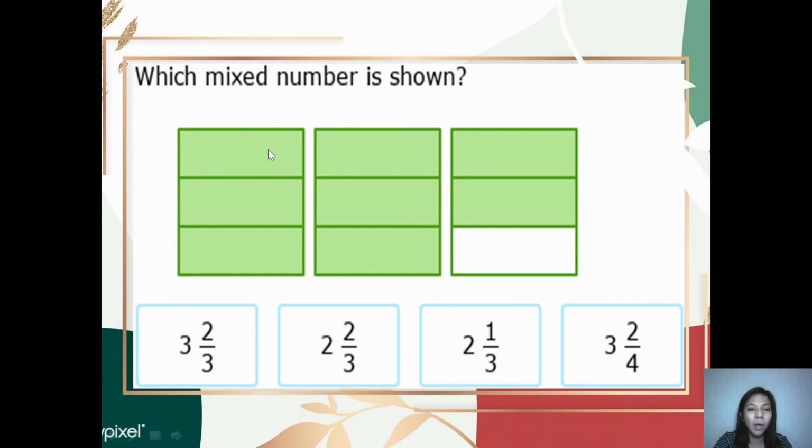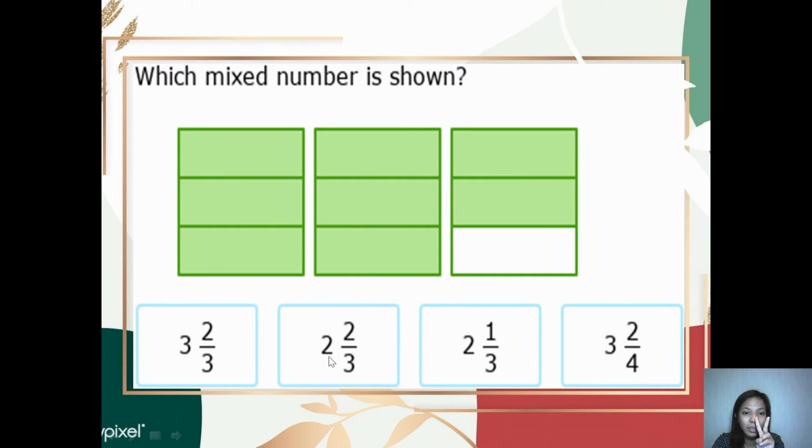For example, in this one, how many parts does it have? 1, 2, 3. But all the parts are shaded, so it counts as 1. Then 2, because not all parts here are shaded.